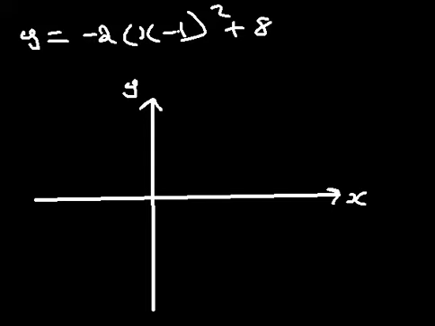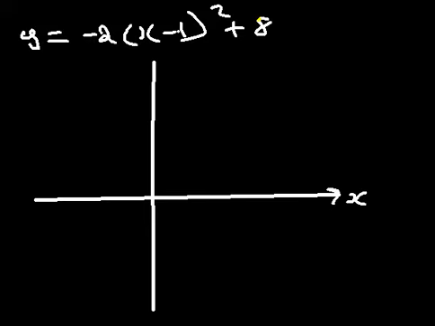And the graph has to move 8 steps up. Let's say this is 8. Of course, I just have to make the axis arbitrary. So it should be up to this point, at least.